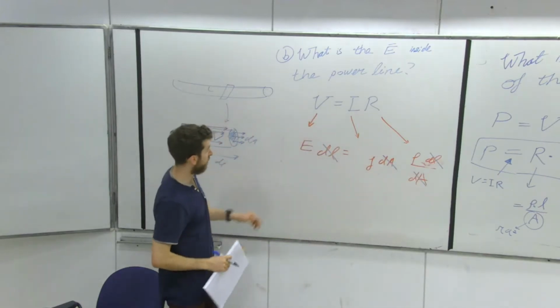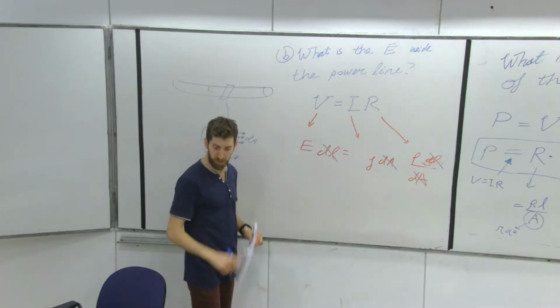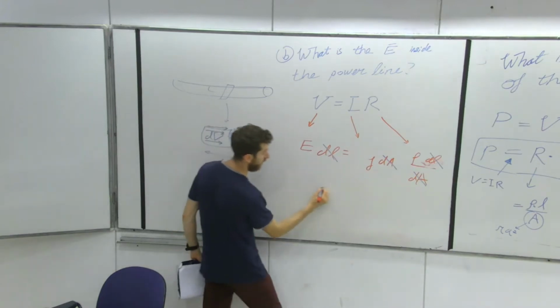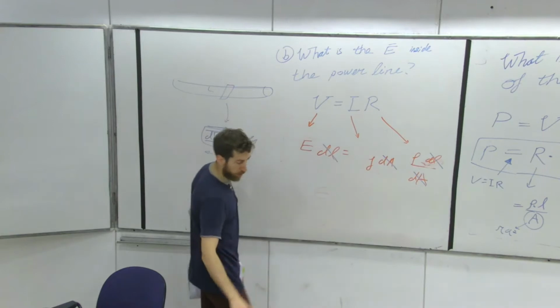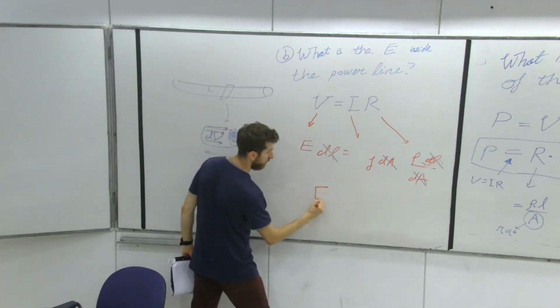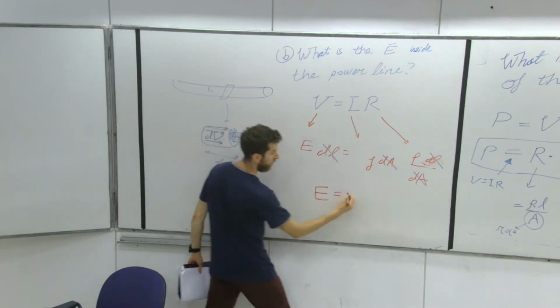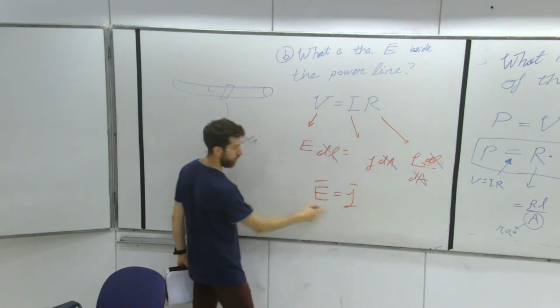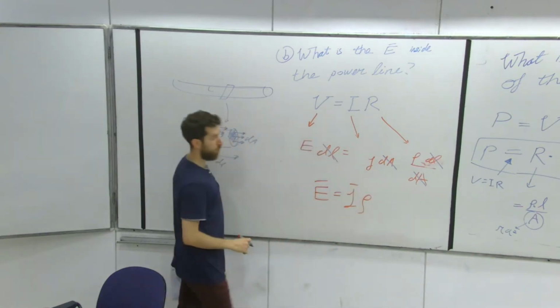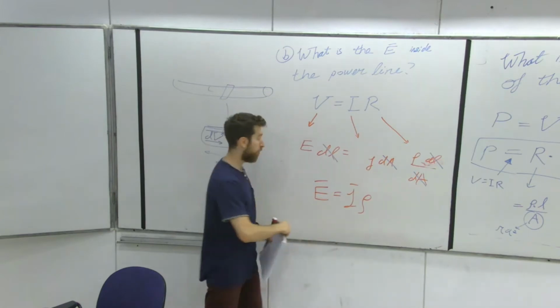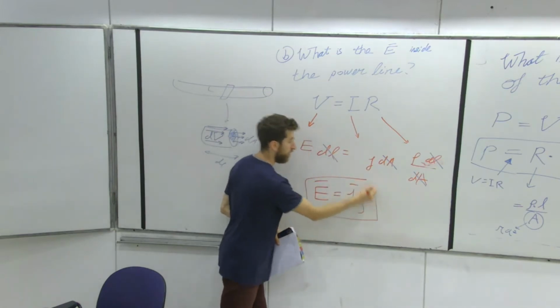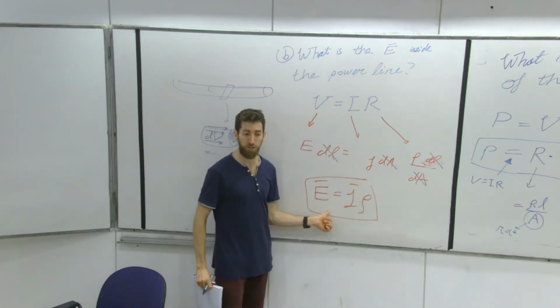And then we get to another way to present Ohm's law, which is E equal J, two vectors, and some constant, rho, the resistivity. So this one is called differential Ohm's law, okay?